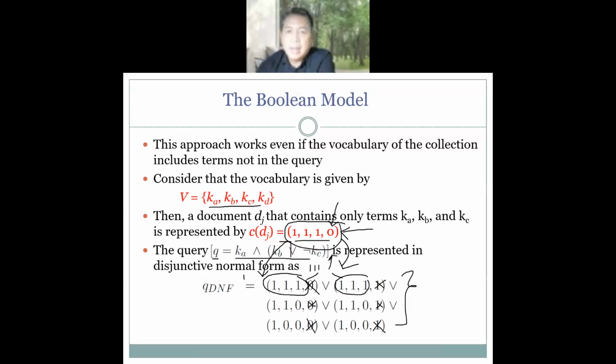As long as you are able to match the pattern here with whatever pattern you have for the query, based on this Boolean algebra expression, then we can say 1.